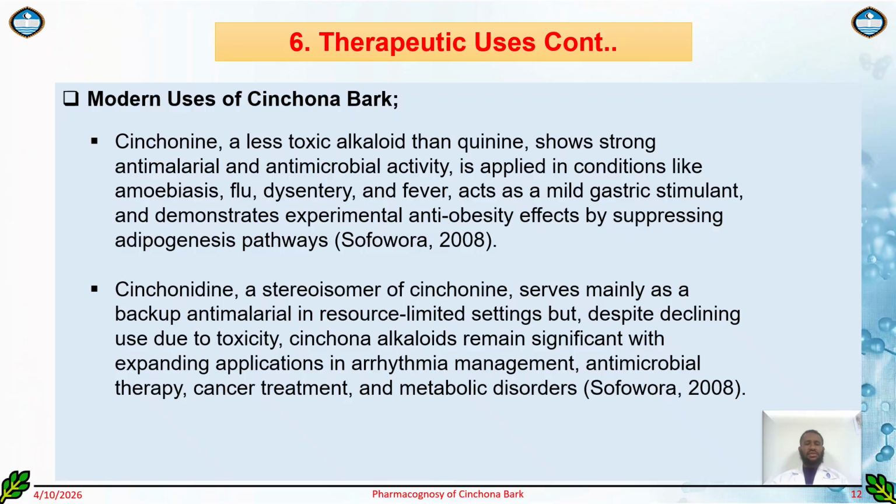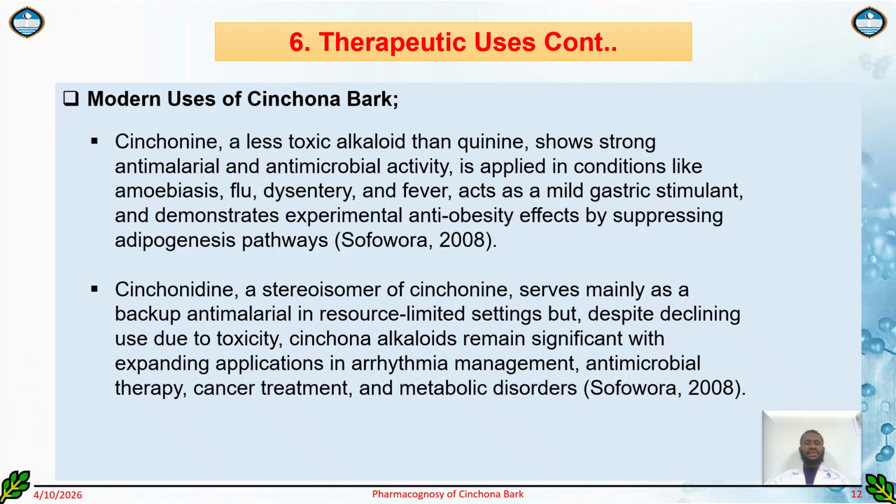Cinchonine, a less toxic alkaloid than quinine, shows strong anti-malarial and antimicrobial activity. It is applied in conditions like amoebiasis, flu, dysentery, and fever. It acts as a mild gastric stimulant and demonstrates experimental anti-obesity effects by suppressing adipogenesis pathways.